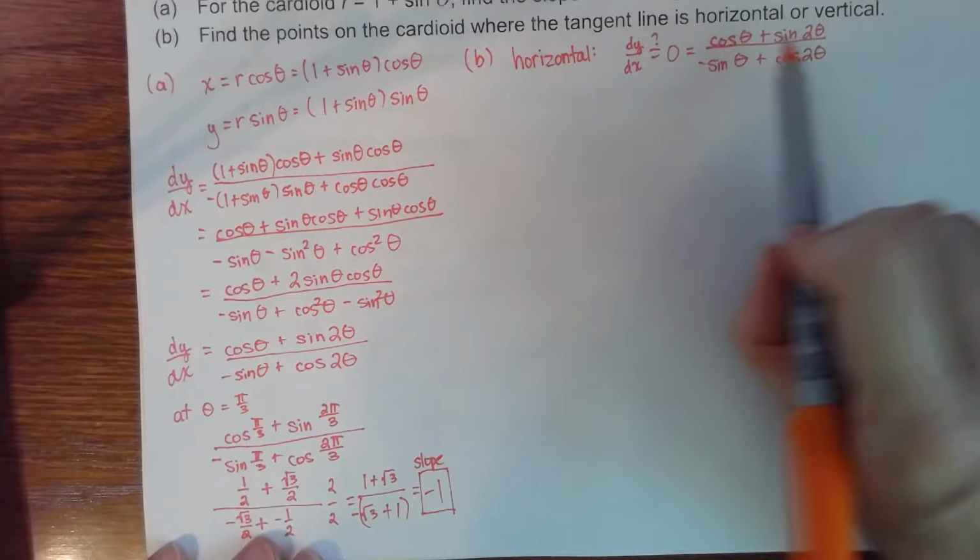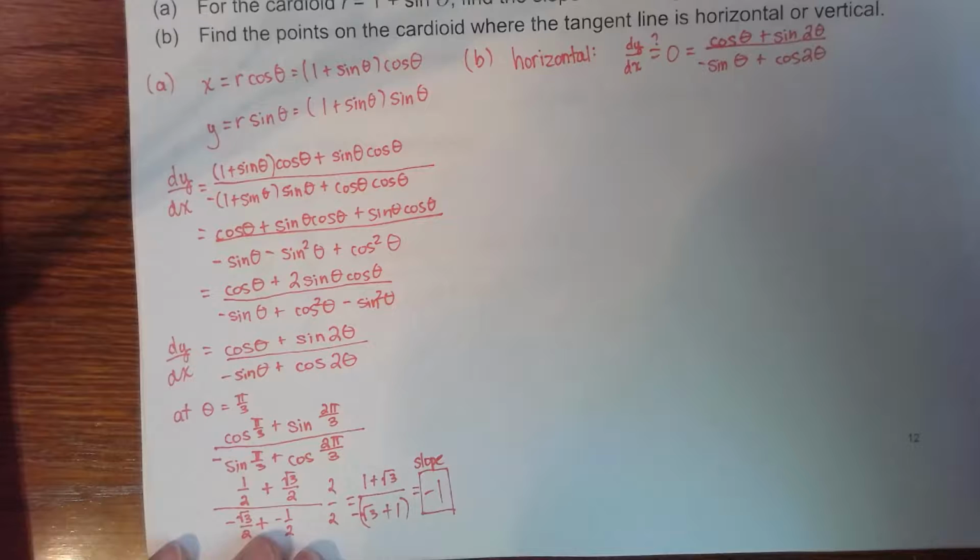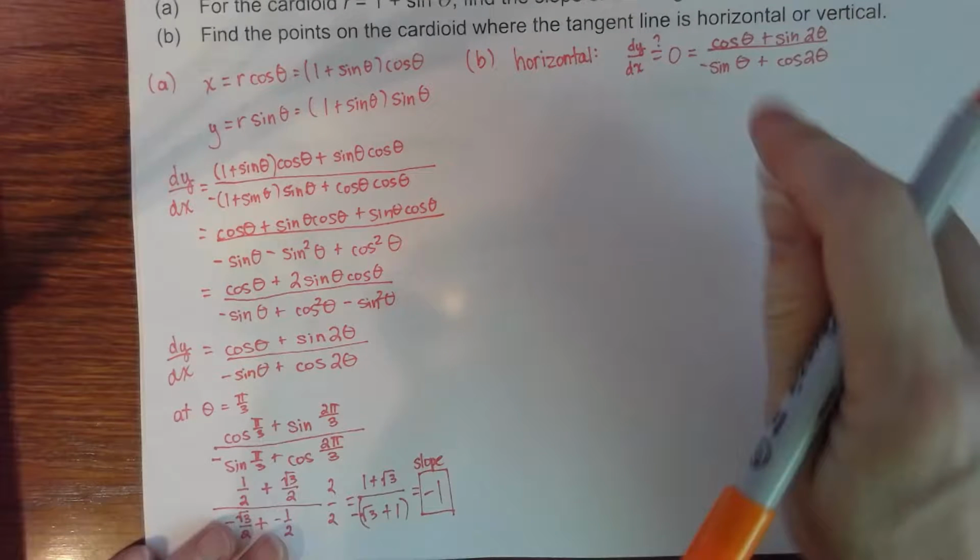Well, it will be equal to 0 when the numerator is equal to 0 but the denominator isn't. So we need to look at both when the numerator will be 0 and when the denominator will be 0, so that we can eliminate any situations where they're both 0. We'll have to consider those specially.